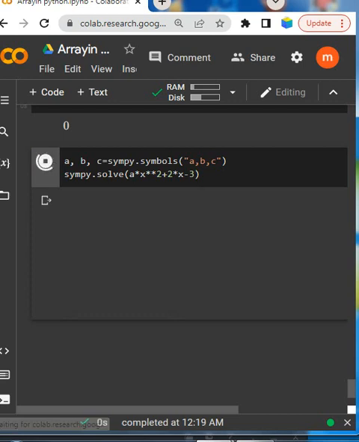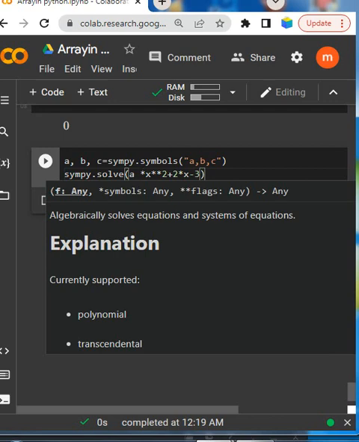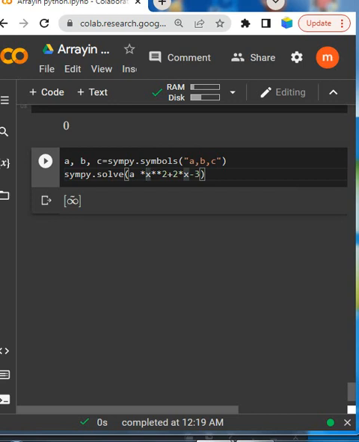I hope, yeah, now it has looked like infinity, but simply I have written solve. So a, and then x square, need a space here, 2 to the power x and then minus 3 also.